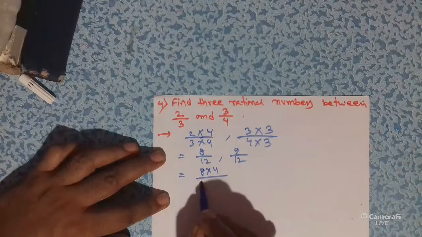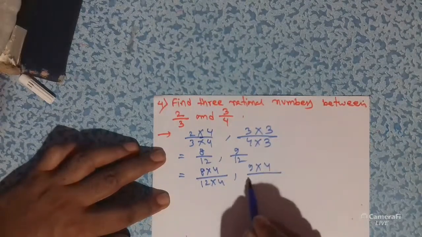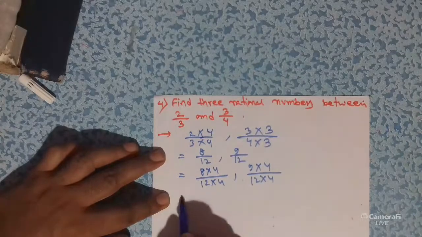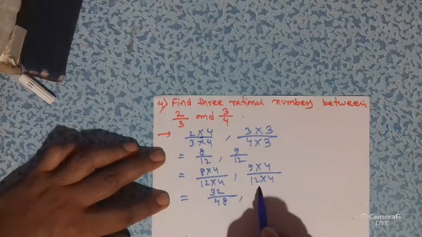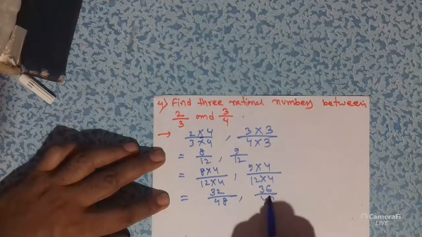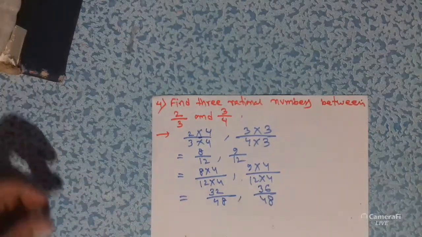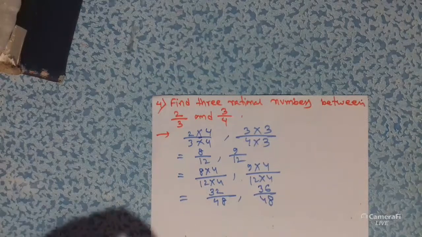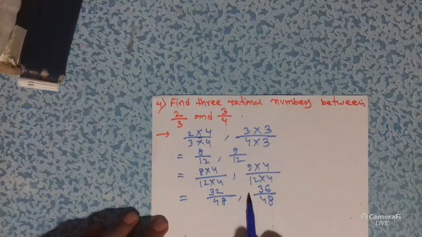So 8 multiply 4 by 12 multiply 4 and 9 multiply 4 by 12 multiply 4. So it should be 32 by 48 and it is 36 by 48. Now you can see that there are three numbers between 32 and 36, that 33, 34 and 35.